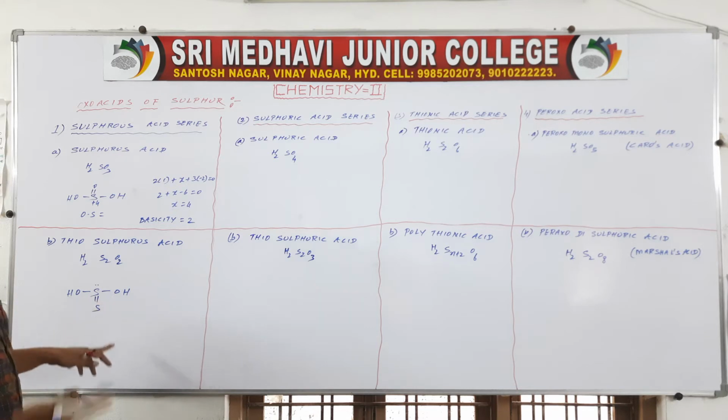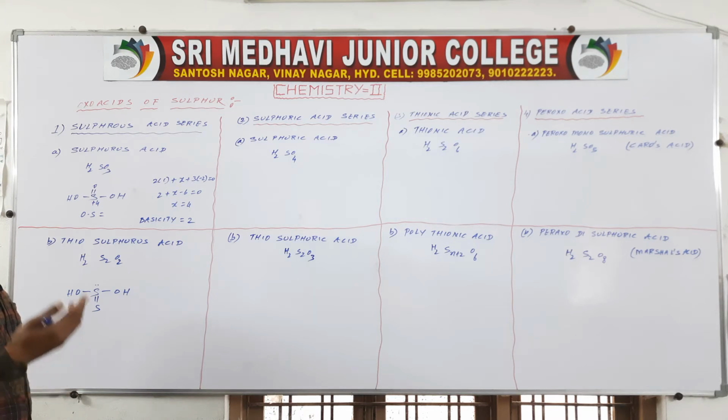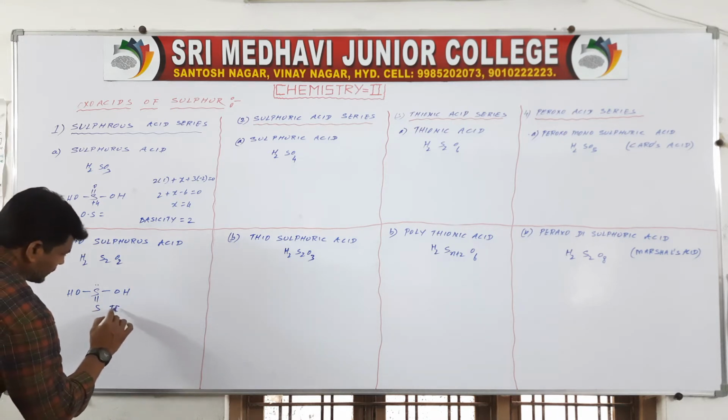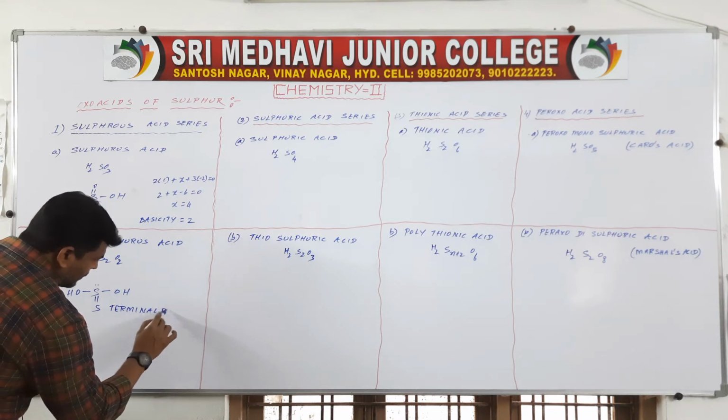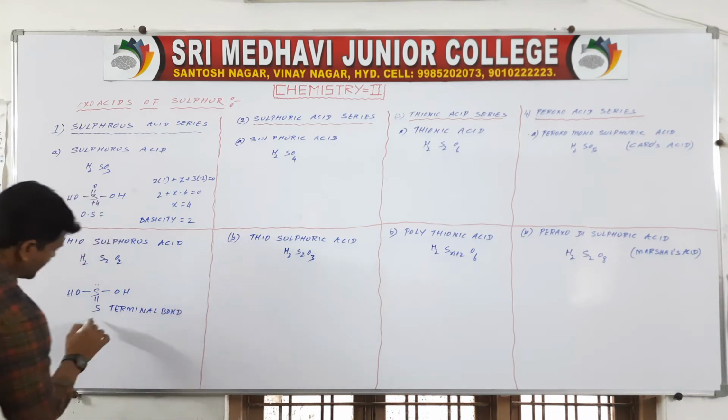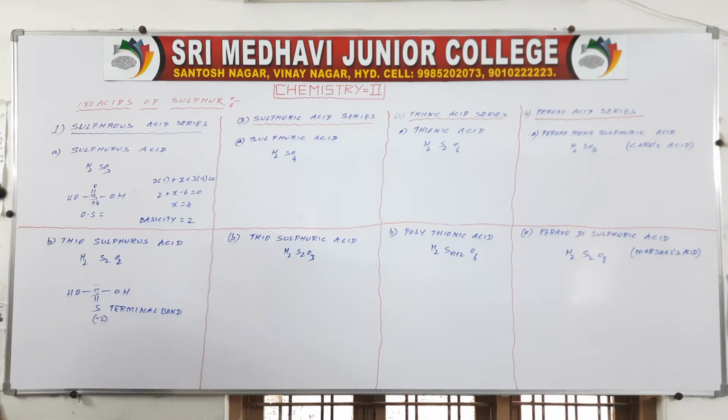Here the atoms are not sufficient in this molecule. 2 sulfurs can act as central atoms, but the atoms are not sufficient for one sulfur. So another sulfur is bonded with the central sulfur. It is nothing but a terminal bond.